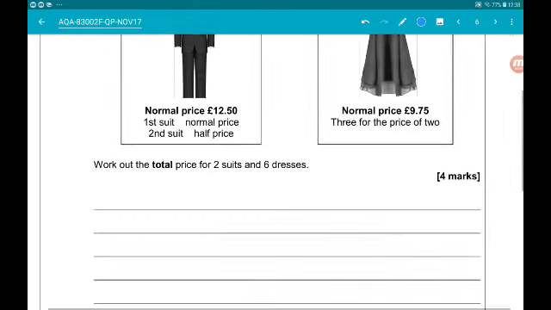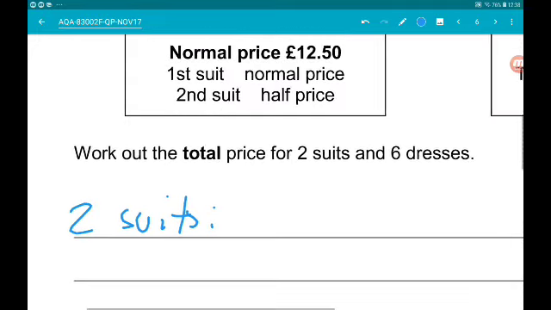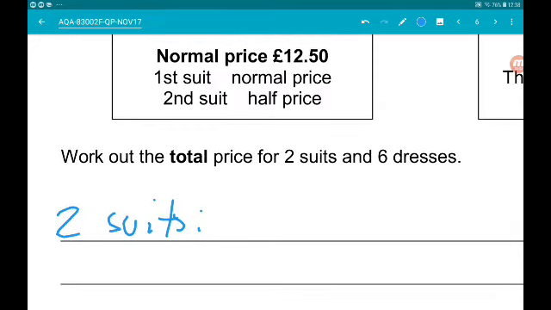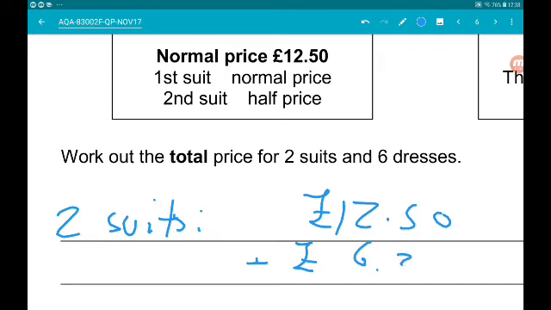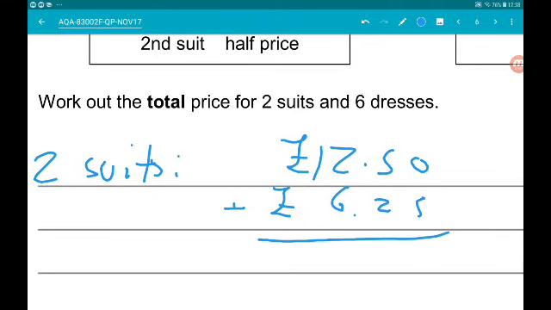Okay, so let's do the suits. So for 2 suits, we know the first one is £12.50, and then the second one is half price, which is £6.25. So they are going to cost £18.75.